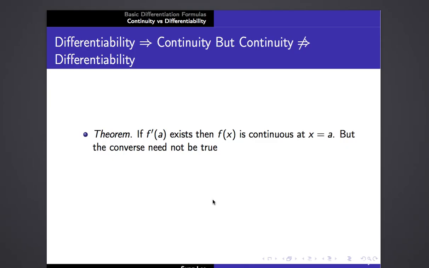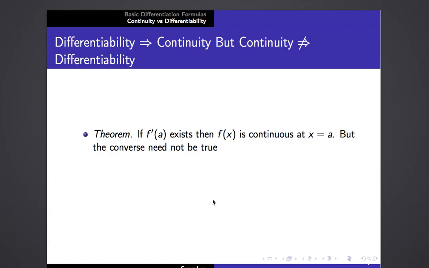So we are going to talk about the relationship between differentiability and continuity. Okay? So here's the heads up. As the title of this slide shows, differentiability implies continuity. In other words, if a function is differentiable, so the derivative exists, then the function is also continuous.